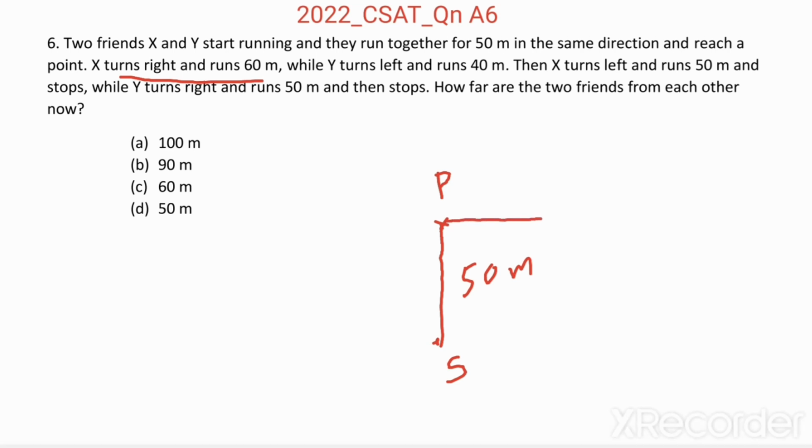X turns right, this is X, and he runs 60 meters, while Y turns left and runs 40 meters. This is Y.